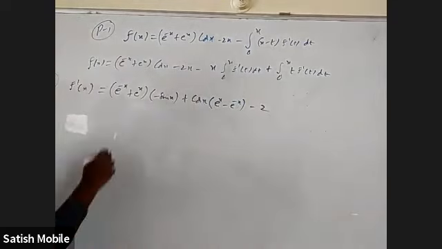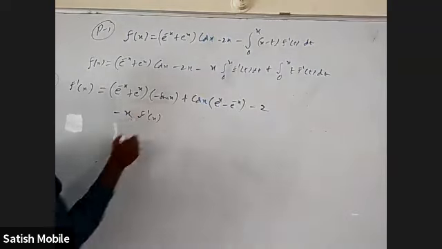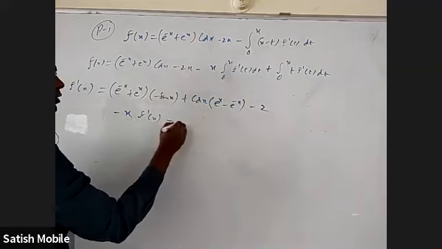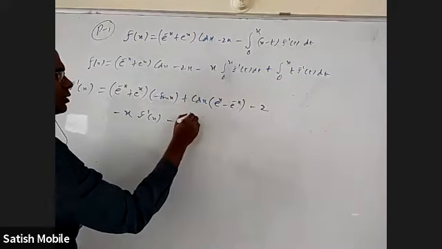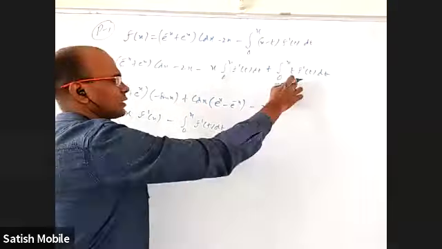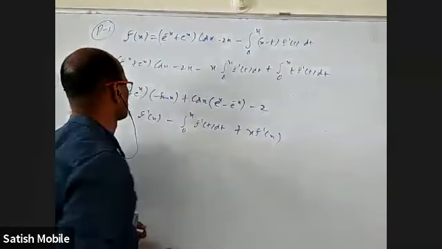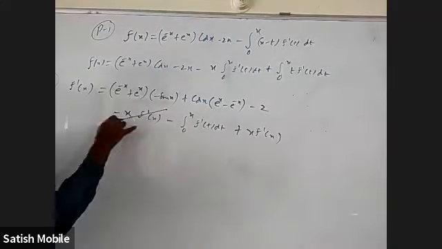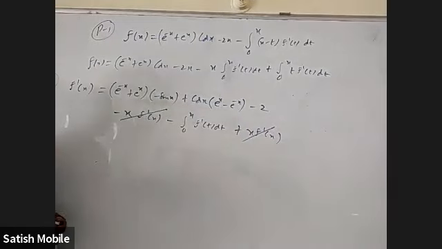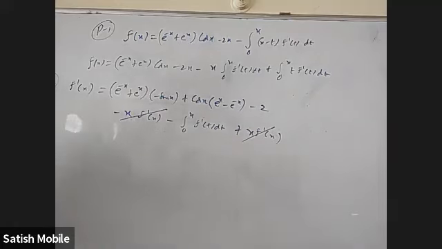Here I use the product rule: minus x into the derivative of this, which is f'(x), and this into the derivative of this, which is 1, giving minus ∫ from 0 to x of f'(t) dt. Here the integration goes directly by the fundamental theorem. In the place of t, x will come, so I'll get x f'(x). Luckily this is getting cancelled, x f'(x) and minus x f'(x). Still an integral is there, so I might have to differentiate one more time. So f''(x).